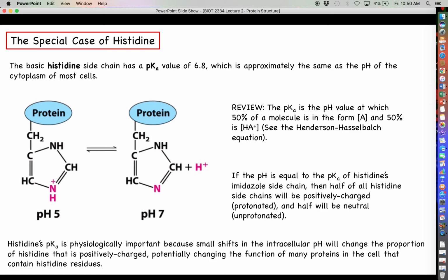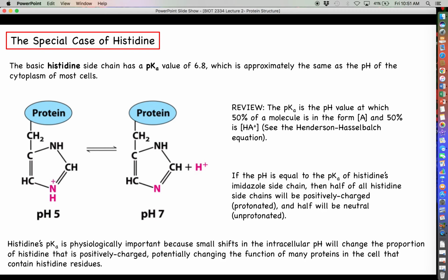Okay, so let's focus in real quick on histidine. Histidine is one of those basic side chains that we just talked about before. But histidine is a little bit different because the side chain has a pKa value of 6.8, which is very close to neutral pHs.